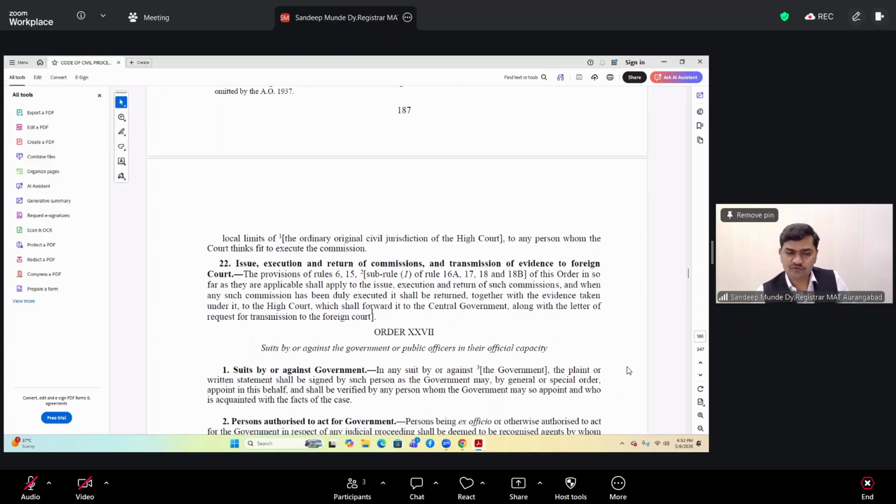Order 27 states suits by or against the government or public officers in their official capacity. Order 27A covers suits involving a substantial question of law as to the interpretation of the Constitution or as to the validity of any statutory instrument.